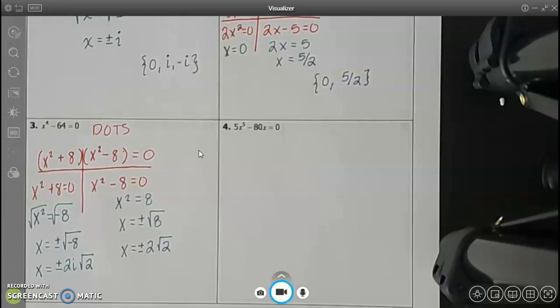All right, next we are going to look at number 4. For number 4, we're going to factor out a GCF first, and the GCF there is 5x.